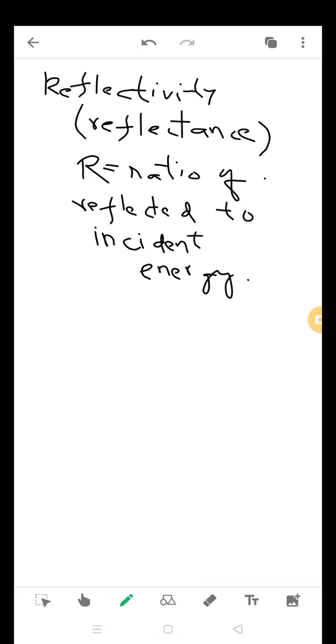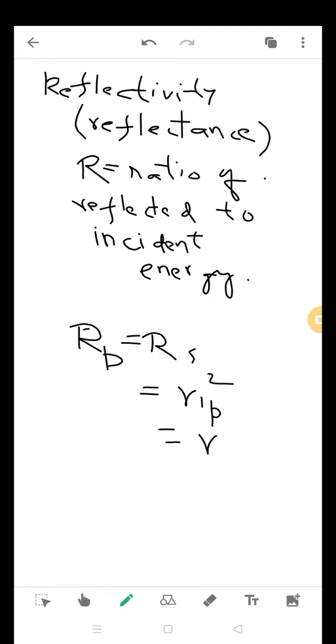Since it is a matter of energy, whether it is parallel to the plane or perpendicular to the plane will not matter. So Rp is equal to Rs, and it is equal to R, either R1P whole square, or R1S whole square.